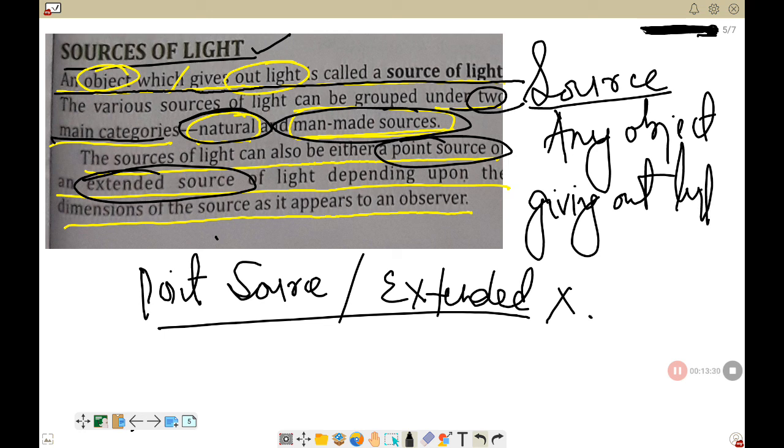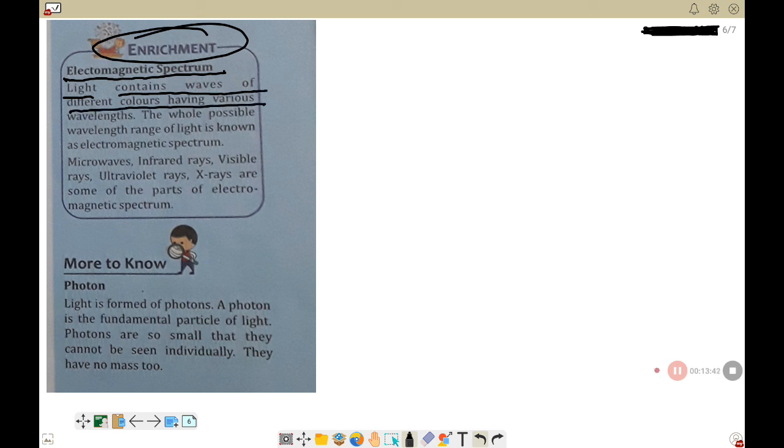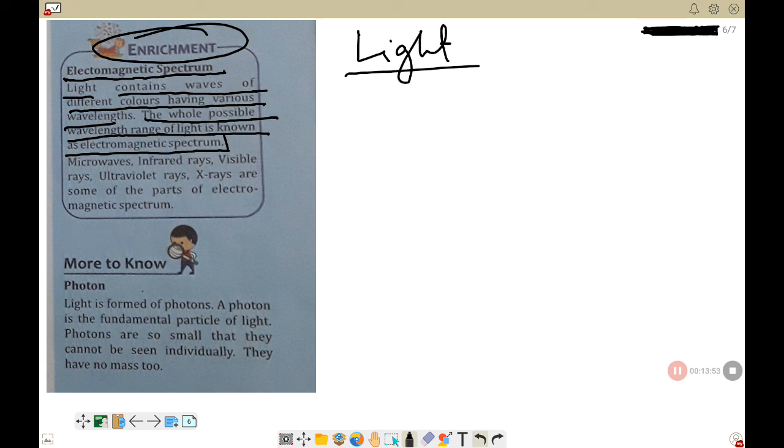Now apart from this, on the same page you have a topic called enrichment, and here you have the electromagnetic spectrum. Light contains waves of different colors having various wavelengths. The whole possible wavelength range of light is known as the electromagnetic spectrum. Light, you just remember that it helps us to see things.